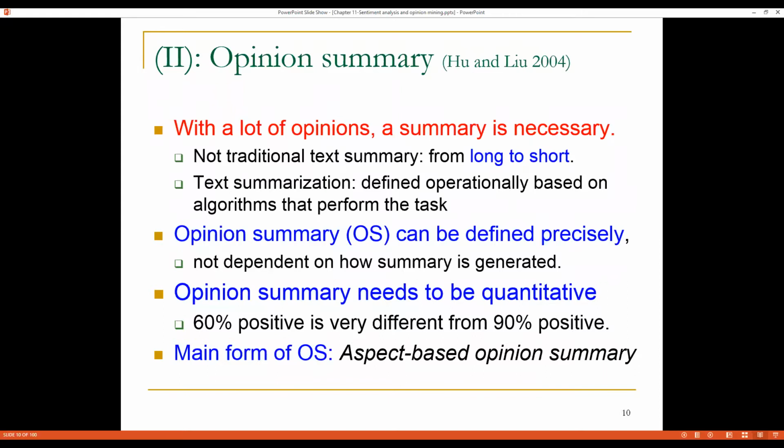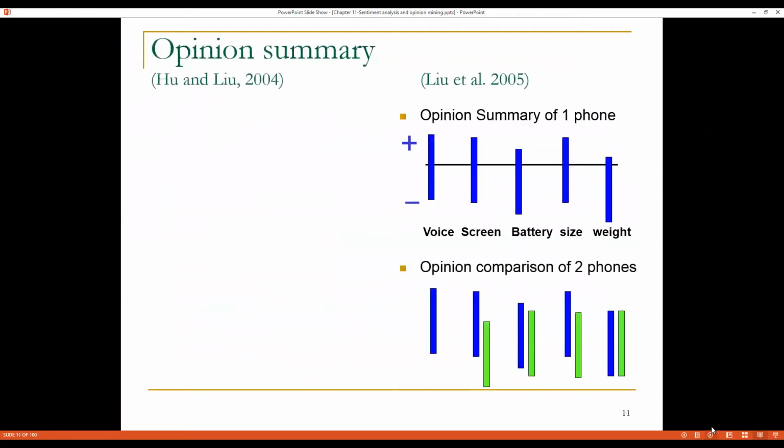So an opinion summary can be defined precisely and not necessarily dependent on how the summary is generated. It also needs to be quantitative. A 60% positive is very different from 90% positive. The main form of opinion summary is going to be aspect-based opinion summary.